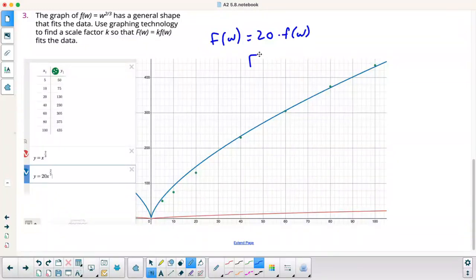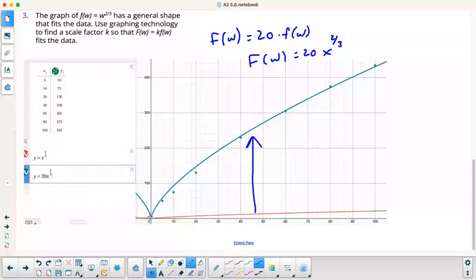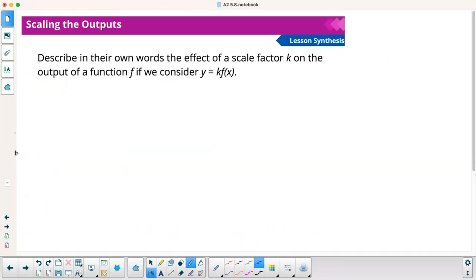In other words, f of w equals 20x to the 2/3. So that's my function there. Okay, and obviously that 20, because that's greater than 1, stretched it up vertically like that. This point here didn't change because it has a y coordinate of 0. But every y coordinate, it's like I multiplied them by 20. All right.